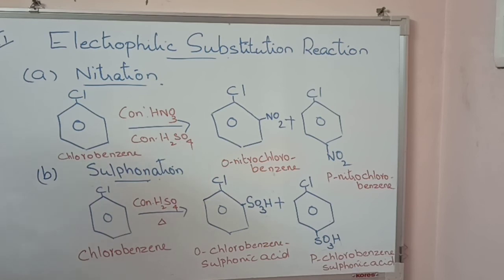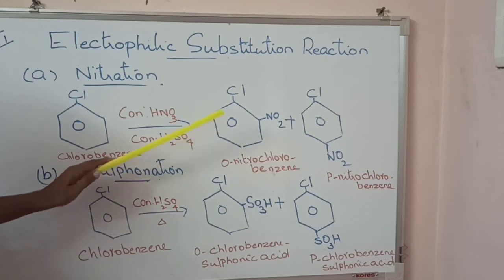Clear? You have learned the resonance structure of chlorobenzene. There you can observe that during that resonance, the electron density is maximum at ortho and para position. Isn't it? So during this electrophilic substitution reaction, the product will be an ortho-para mixture.